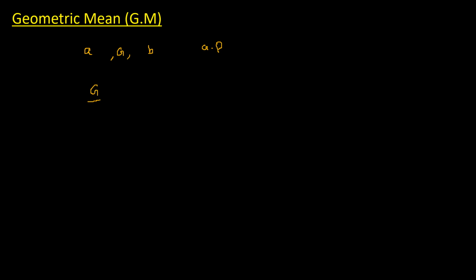So the common ratio of the first two numbers is G over A, and the common ratio of the second two numbers is B over G. And we have to obtain this G. So from here you can see by cross multiplication G square will be equal to AB, and that gives us a solution that will be equal to plus minus under root AB, because one of the roots is root AB, whose square makes it AB, and the other will be the negative of that.